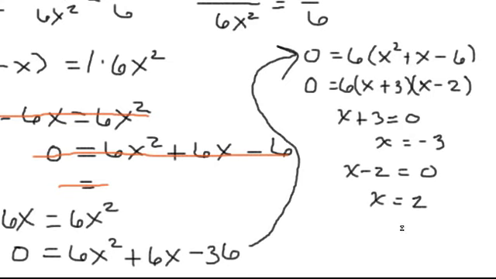Solving that equation, we get x equals 2. So our solutions are going to be 2 and negative 3. So that is our solution set, 2, negative 3.